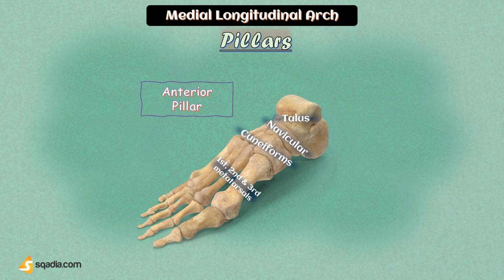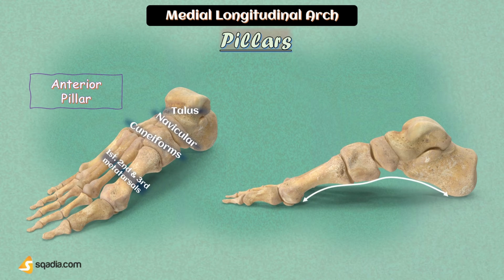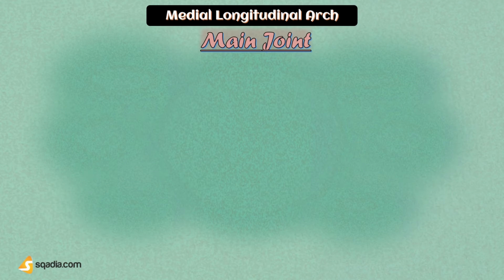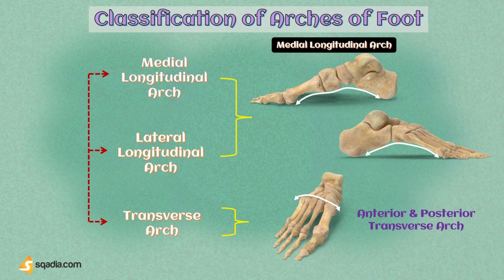It is formed by the talus, the navicular, the 3 cuneiform bones, and the first 3 metatarsal bones. The posterior pillar is short and strong. It is formed by the medial part of the calcaneus. Main joint. The main joint of the arch is the talocalcaneonavicular joint.